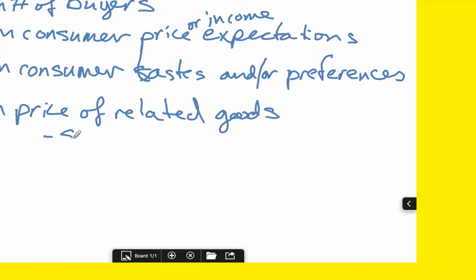Change in weather. Change in weather isn't a standalone one, it's part of tastes and preferences. I prefer to be wearing a winter coat when it's blizzarding. One more?